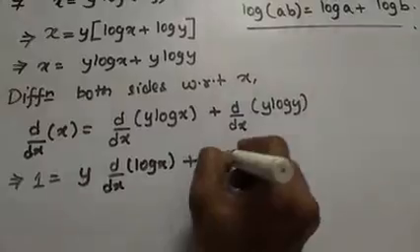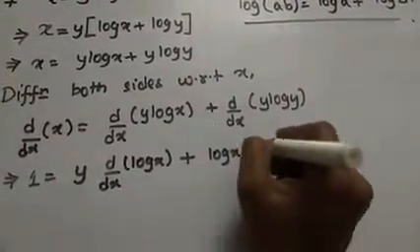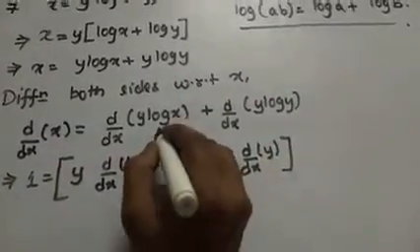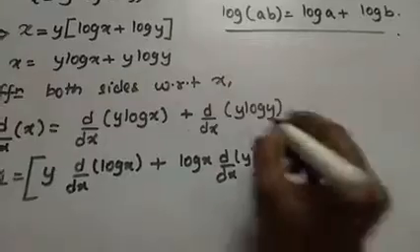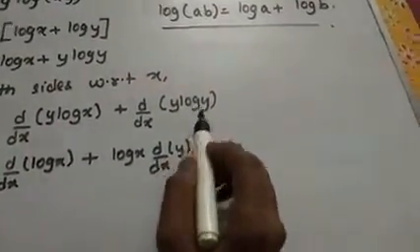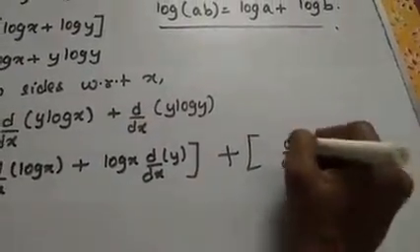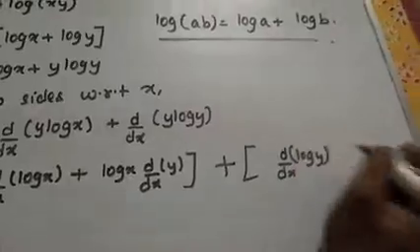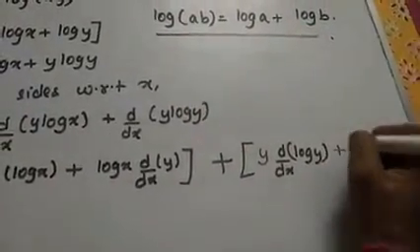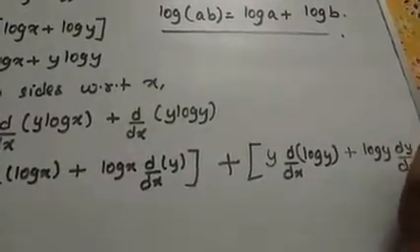Now interchange their position: d dx of y, this is for the first term, plus now for this term, what was there, y log y. So again at a time only one function is differentiated and the other remains out of the derivative, plus now interchange, log y dy by dx.